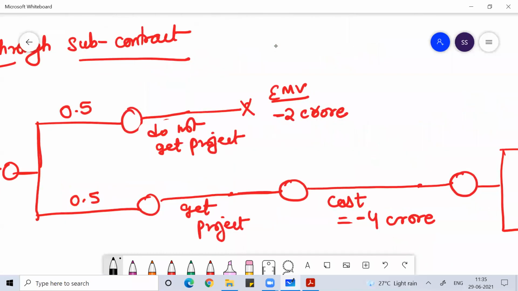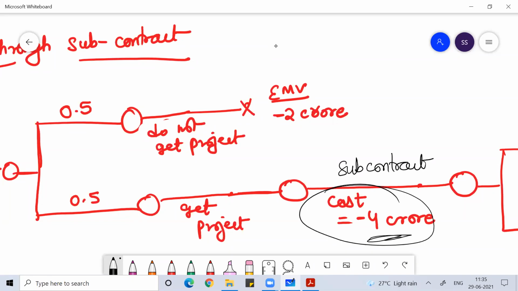So if I get the project, then I need to put 4 crore rupees upfront for the construction, maybe I'm going by subcontract. If I do construction by myself, I have to put 5 crore, while if I go with subcontract, my work will be done. So here if subcontract, I'll save 1 crore rupees.